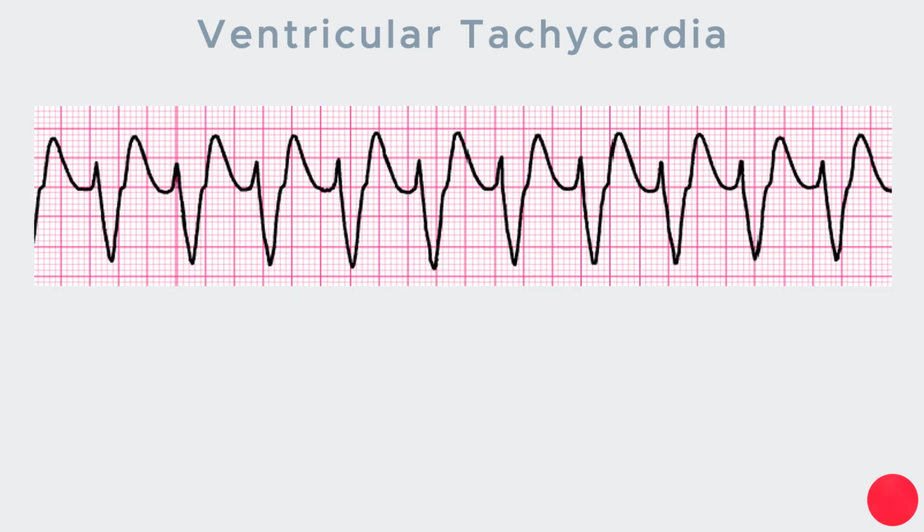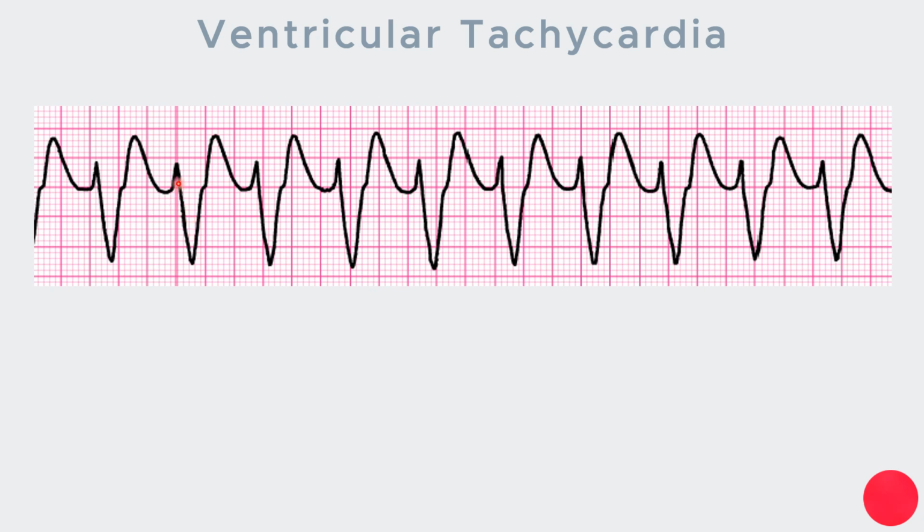Here is our first example of ventricular tachycardia, or VTach. When looking at this strip here, you can see the R to R interval is very regular. Everything is marching along. And glancing at it, your QRS complex looks quite wide and bizarre. We do not have a P wave or a PR interval.